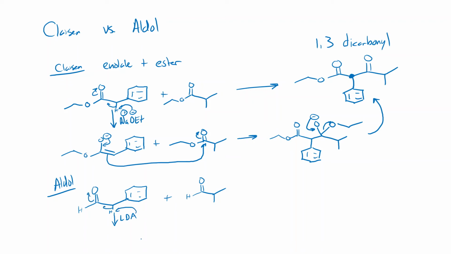Make the double bond. Make our enolate. Okay, notice that the first step is the same, right? Aldol is enolate plus aldehyde or ketone. Remember that whenever we say aldehyde, we could also mean ketone. Once we make the enolate, now we react with the aldehyde.